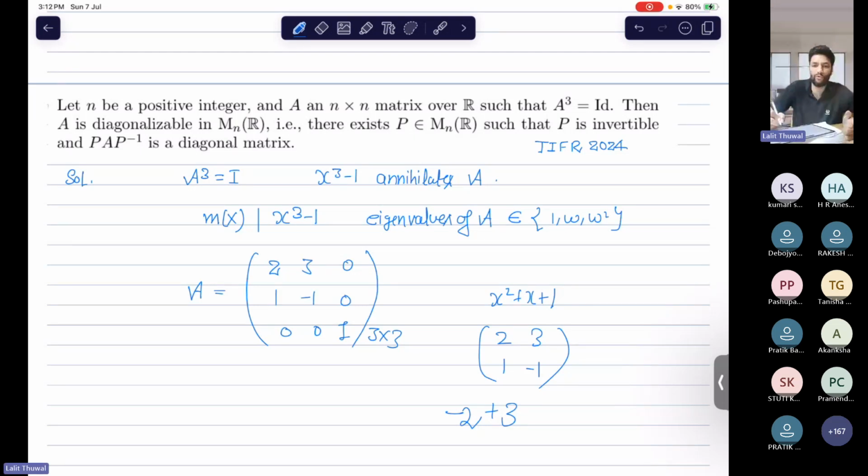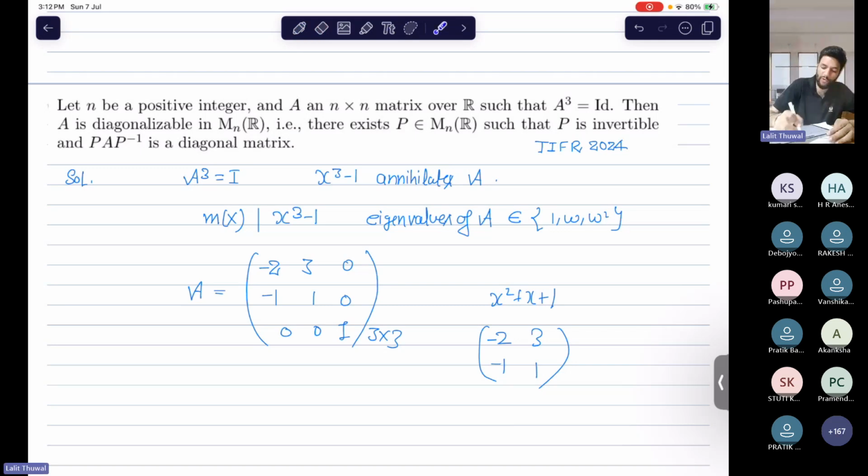Let me tell you the way to construct it. There might be some calculation mistakes, so please verify that the trace and the determinant are right. I want the trace to be minus 1. Sorry, wait, that would not work. So minus 1, now minus 2 plus 3. Yeah, this would work.